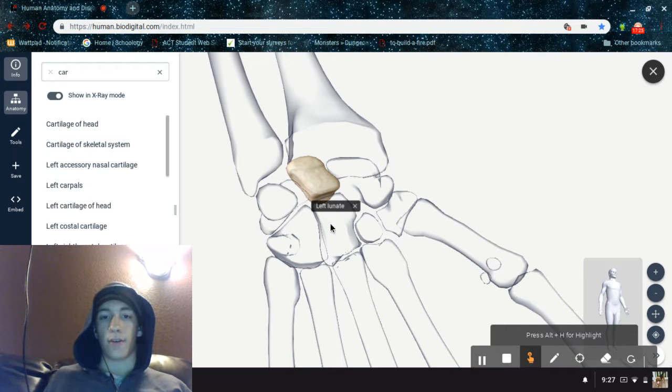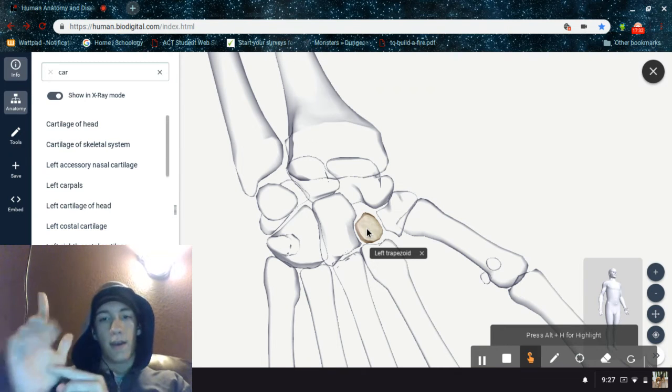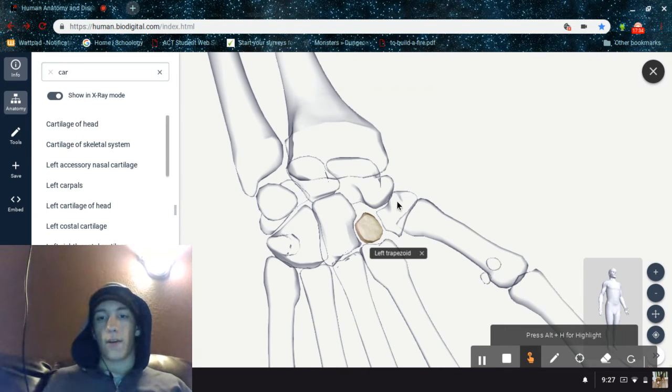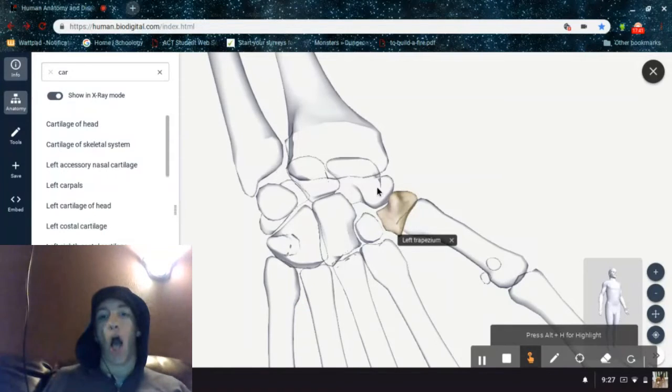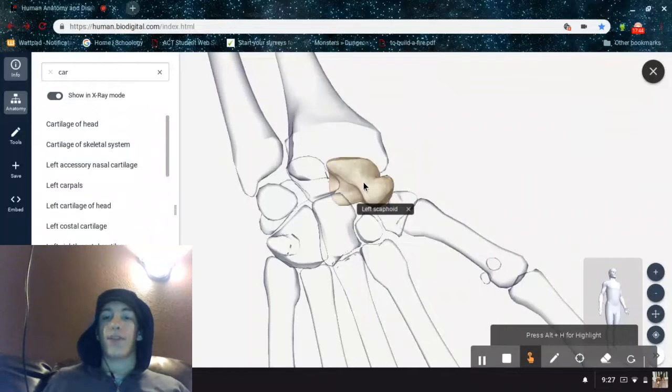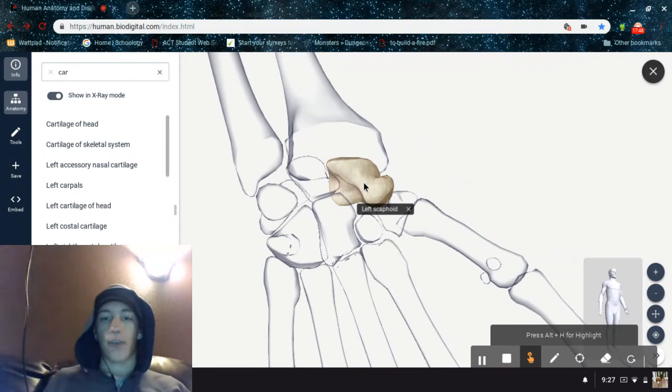It's right underneath your capitate. This is your trapezoid. It's right underneath your index finger, your pointer. This is your thumb, and it's your trapezium. This is your scaphoid, and it's the biggest wrist bone you get, and it's right there.